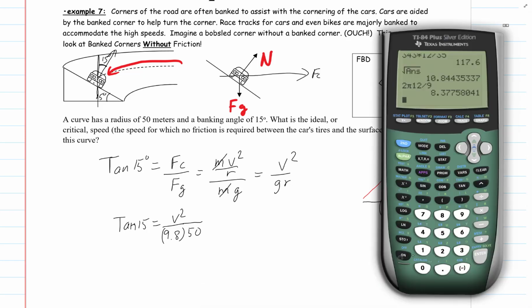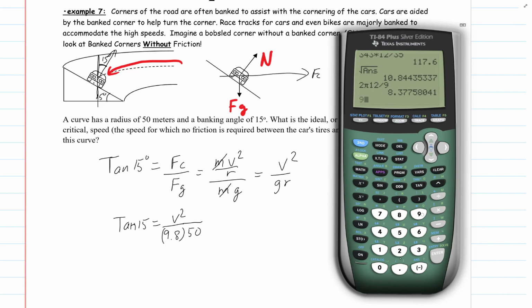Pull that out on a calculator: 9.8 times 50 times tan of 15. That'll be v squared, and then square root it. The speed is 11.46 meters per second, or if you want in kilometers per hour, it's around 41 kilometers an hour.